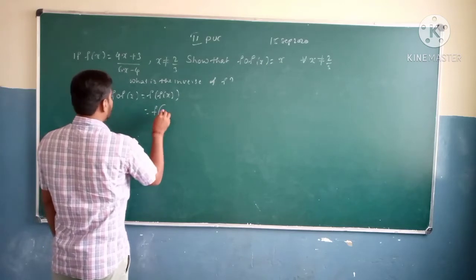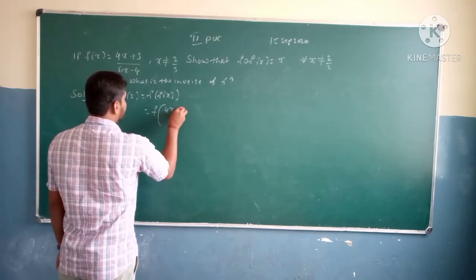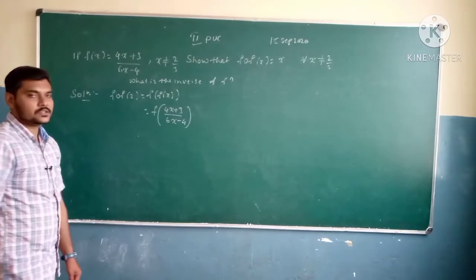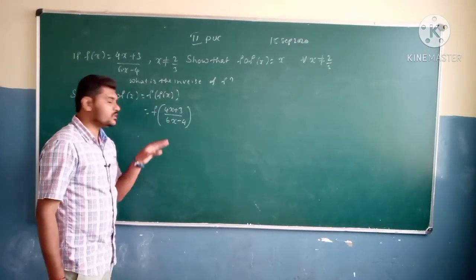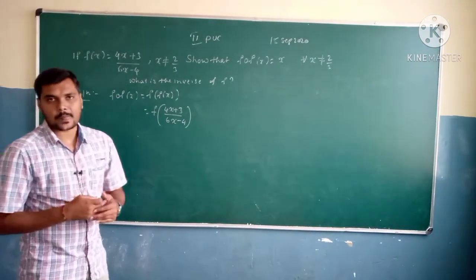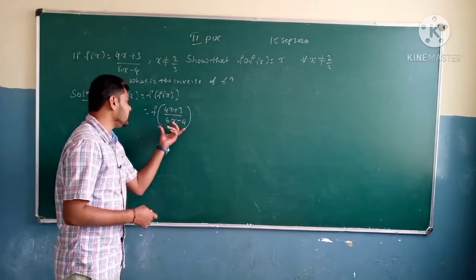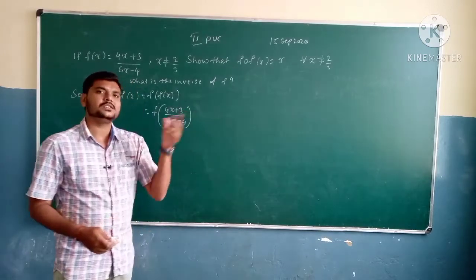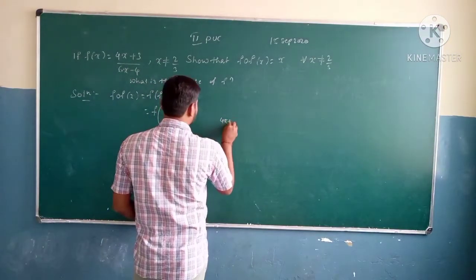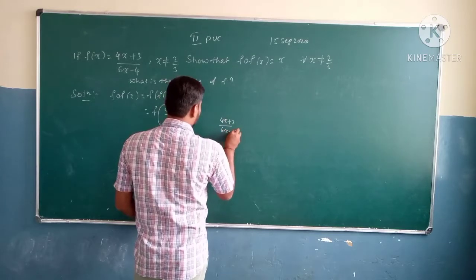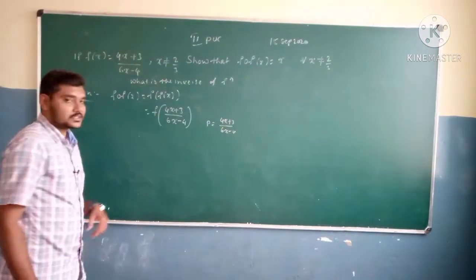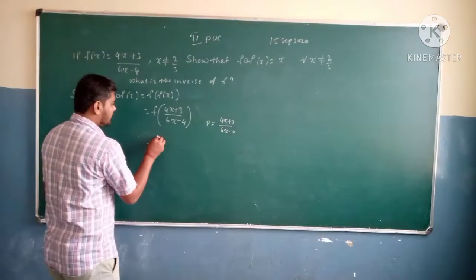This expression may confuse us while calculating, so I am assigning (4x plus 3) divided by (6x minus 4) to some value like p. So it's going to be f(p).